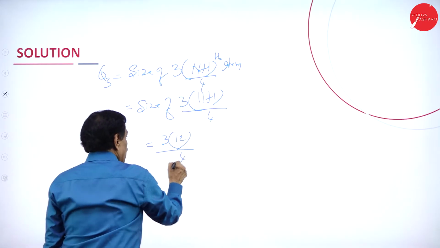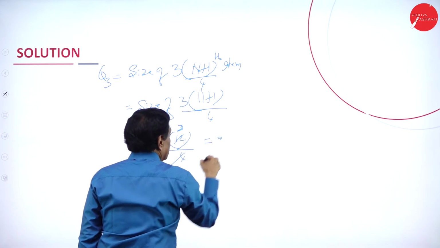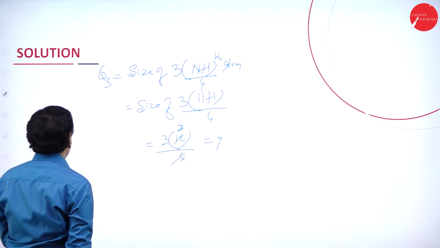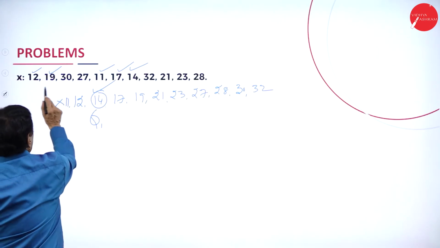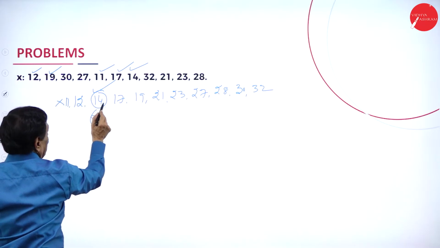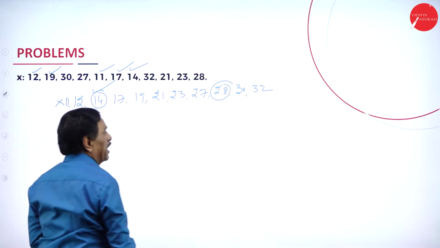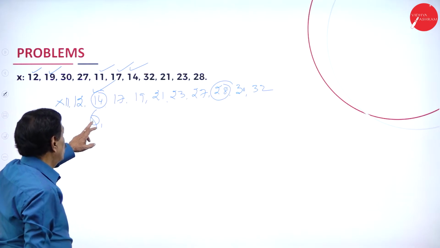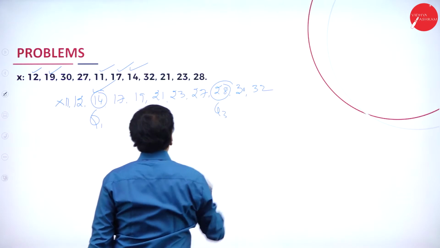So 4 threes are 12. It is the 9th item. Which is the ninth item here? 1, 2, 3, 4, 5, 6, 7, 8, ninth item, 28. So Q1 is 14, Q3 is 28.